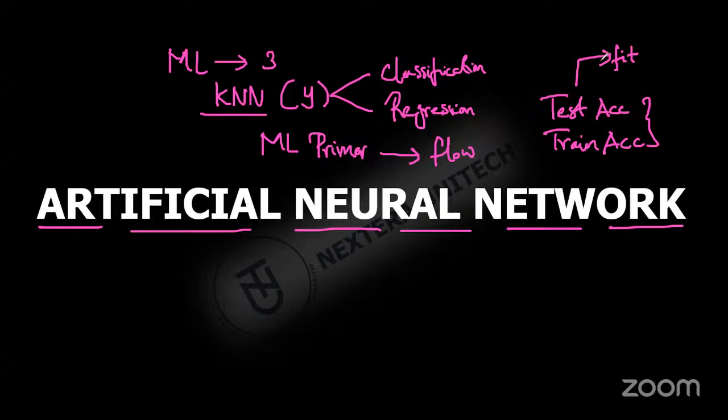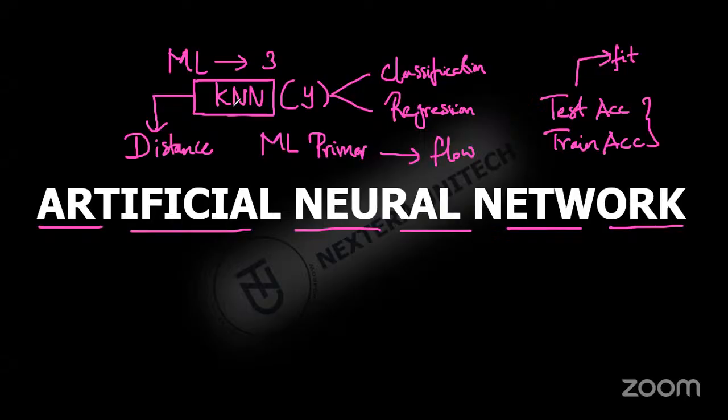And as usual, we understood how KNN works. KNN works on the logic of distance. It uses a distance formula, and there is no training involved, which is why it is called a lazy learning algorithm.